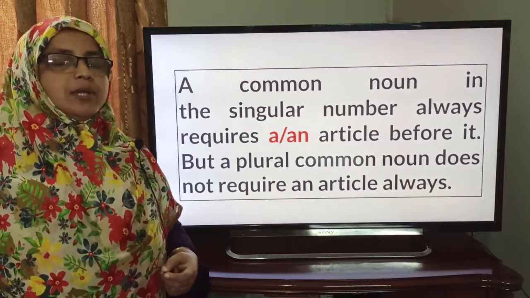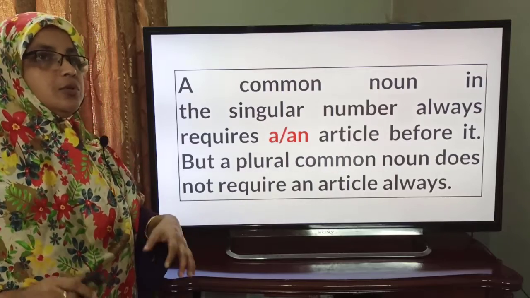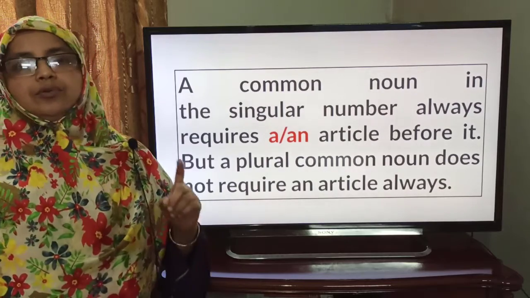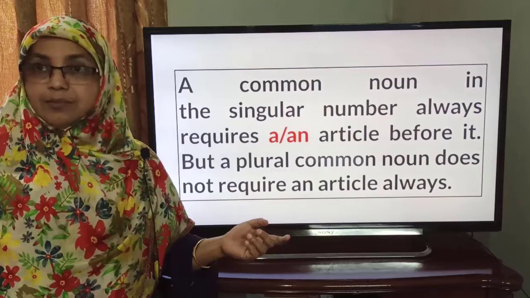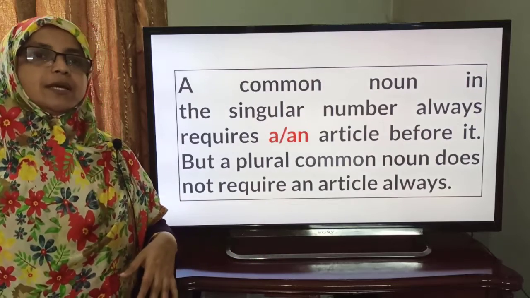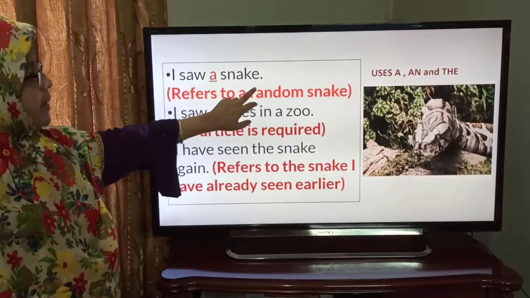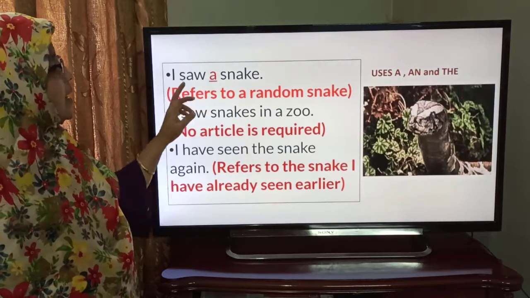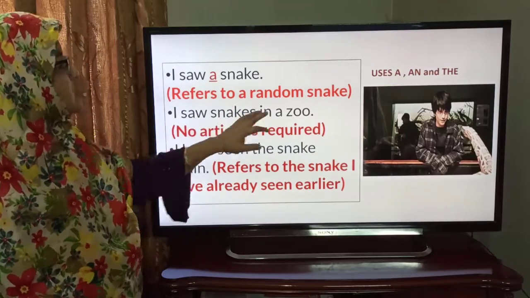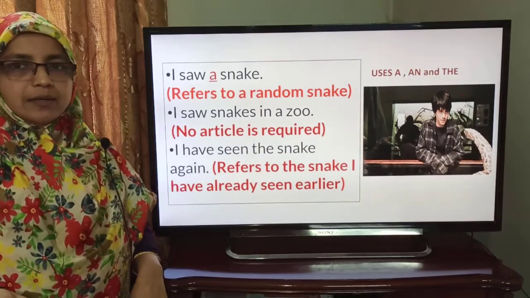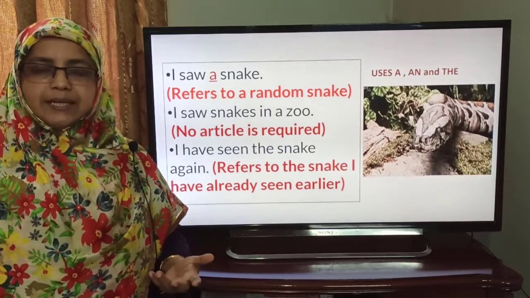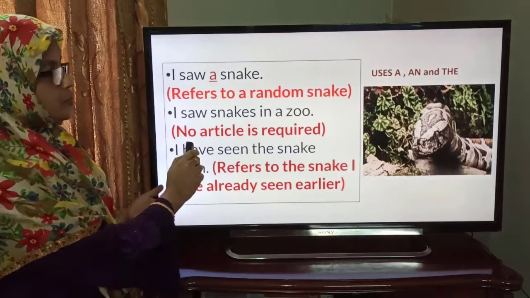So we have to remember, whenever we introduce something new, we have to use a or an. Then we have to use the definite article. Let's see an example. I saw a snake. I saw a snake refers to a random snake, a snake that is not known.